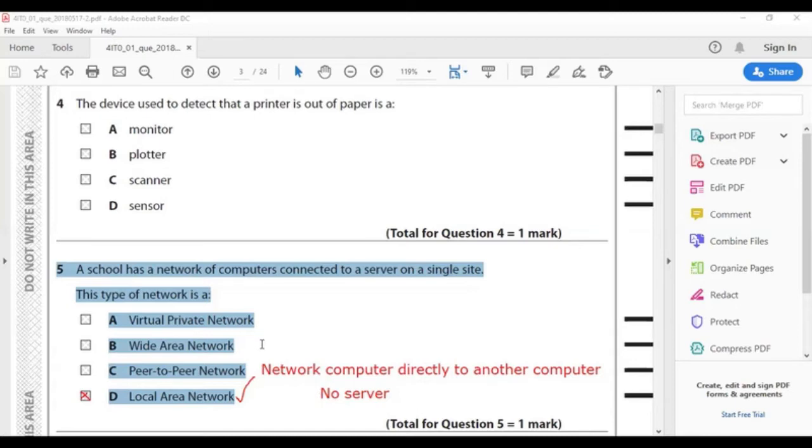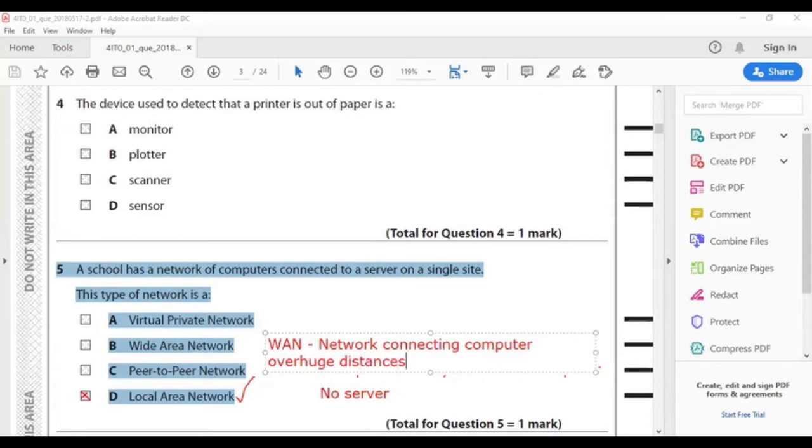And what's a wide area network? You know that? Yes, sir. The internet. The internet is an example of the world's largest wide area network. But what is a wide area network? Sir, it is a network that connects the whole world. A network connecting computers over huge distances.